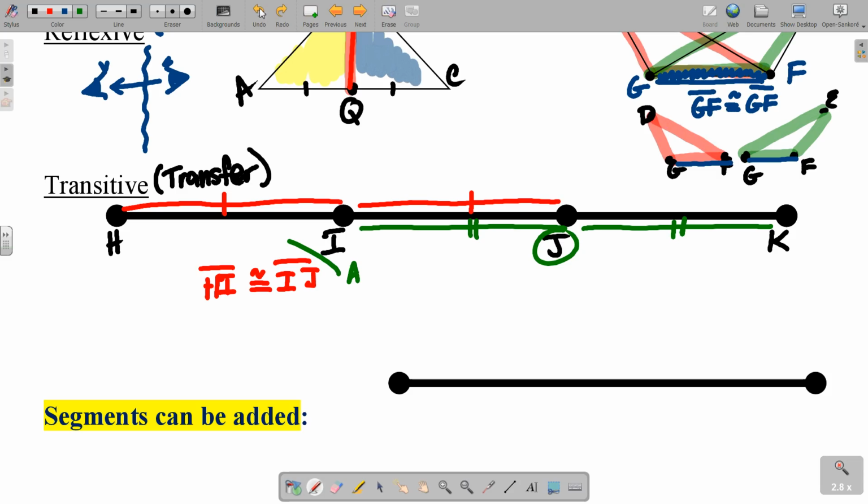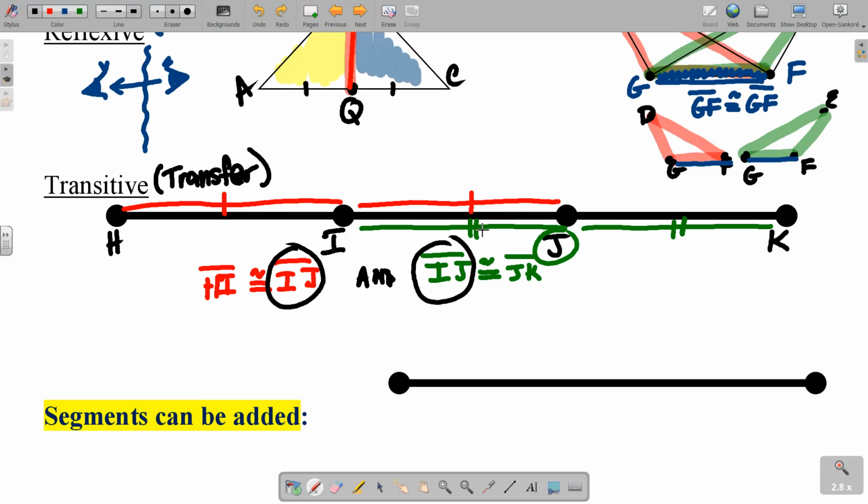And let's say this is also true, that IJ is congruent to JK. Look really carefully. I'd like you to circle which segment is connected to both.